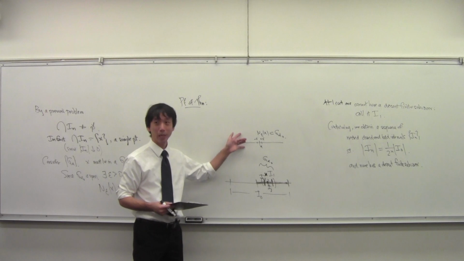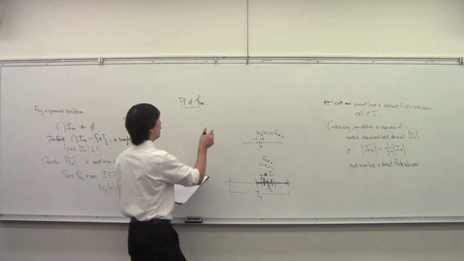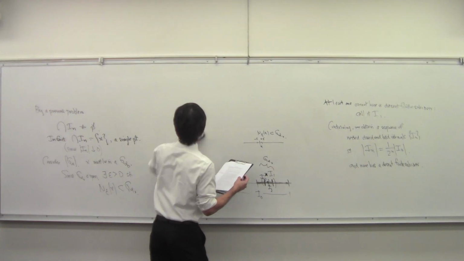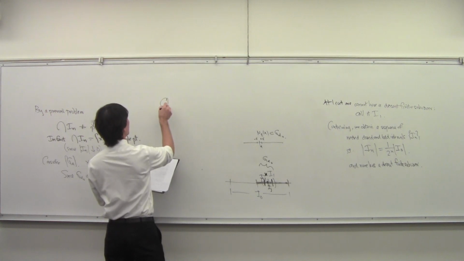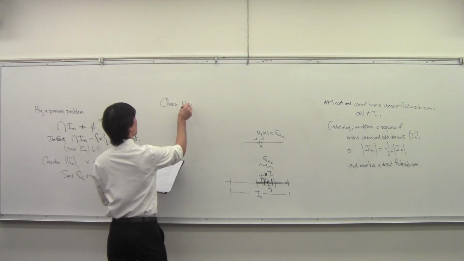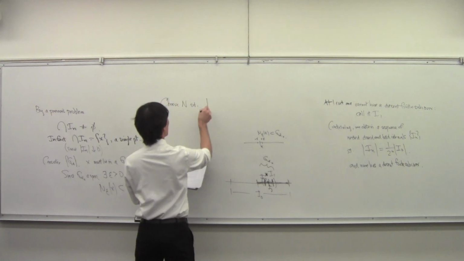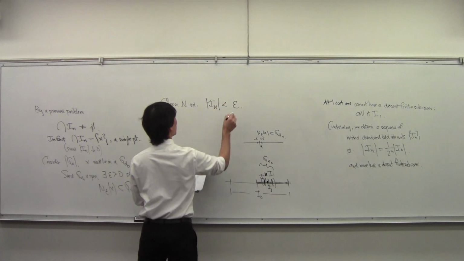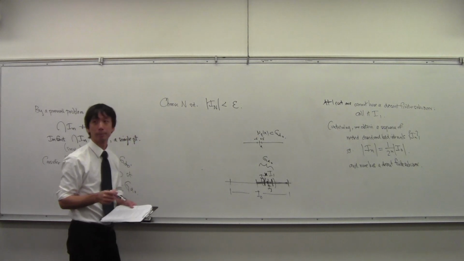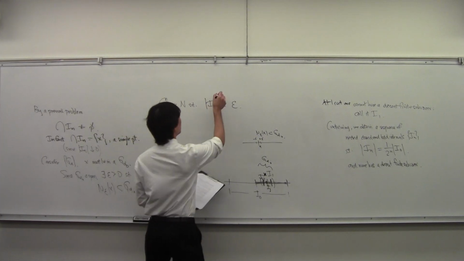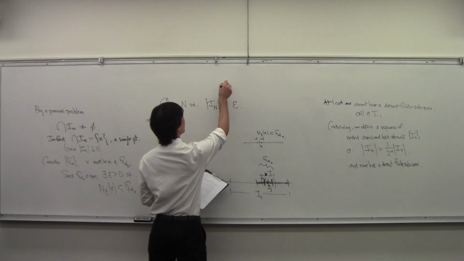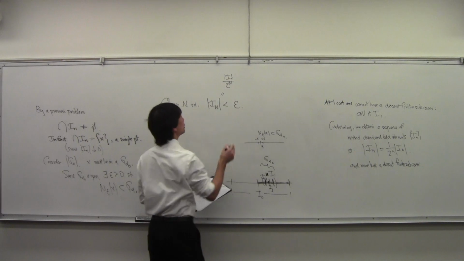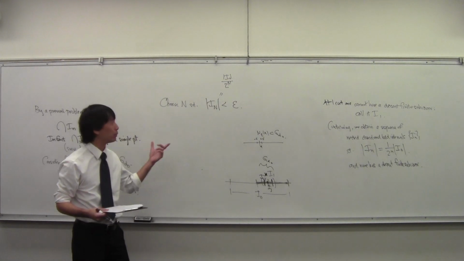Okay, so now what's going to happen, we say, okay, well, look, now choose n such that the size of I sub n is less than epsilon. This is the size of I naught over 2 to the n. They're shrinking by halves.